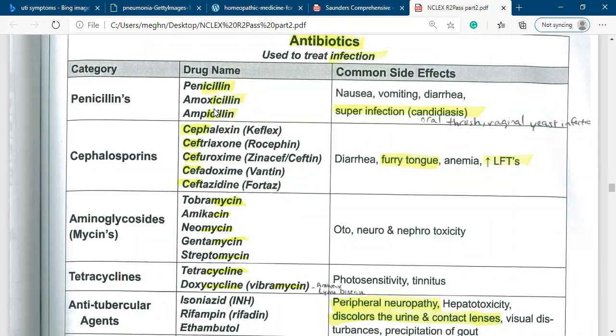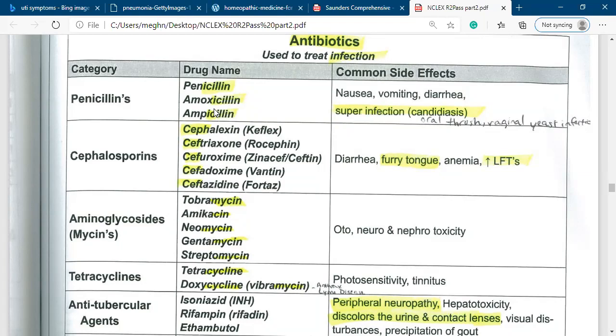The first time a patient takes penicillin, you should always stay with the patient, just like a blood transfusion. Why do you have to stay with the patient? To see the allergic reaction to penicillin. Sometimes an unfortunate patient can develop an allergic reaction.